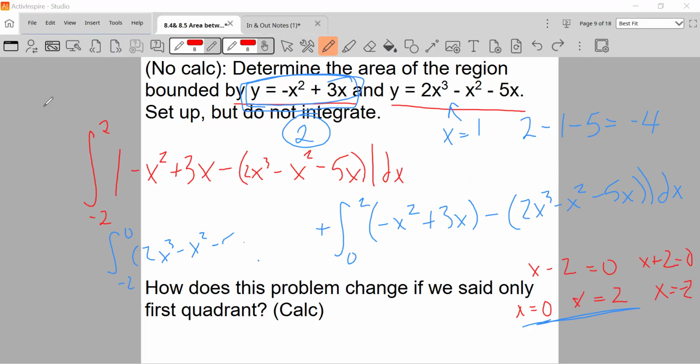If I had plugged in -1, I would find that the functions do switch and we get the cube on top. If we want to do just the first quadrant, that entire first chunk goes away. We would no longer need to worry about it. Otherwise, everything else would stay the same.